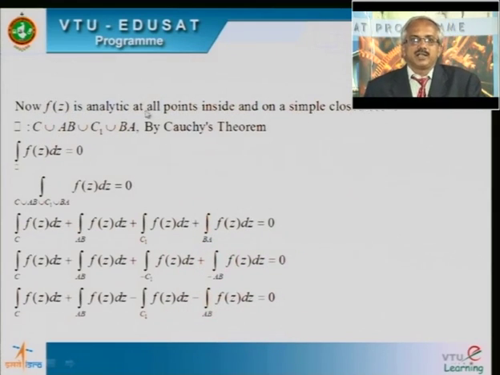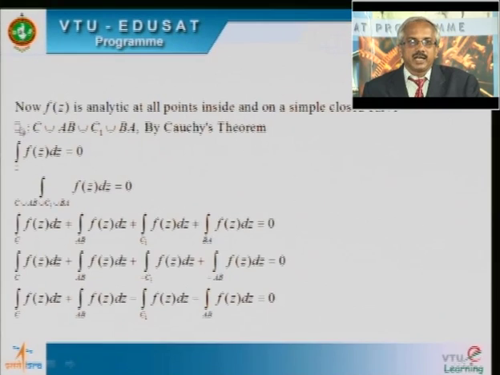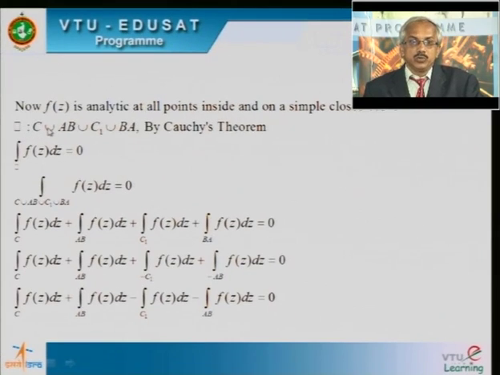Now f of z is analytic at all points inside and on a simple closed curve. The curve C is this one. C is a union of C, the outer closed curve, a cut AB, the inner closed curve, and another cut BA.